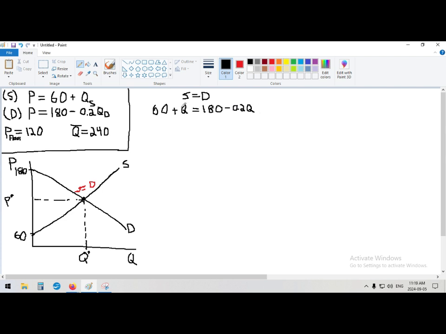So let's put the quantity on the left-hand side. So we get 1.2Q. Over here we have 180 minus 60, so that'll be 120. And then we divide both sides by 1.2, we get Q star is 100.